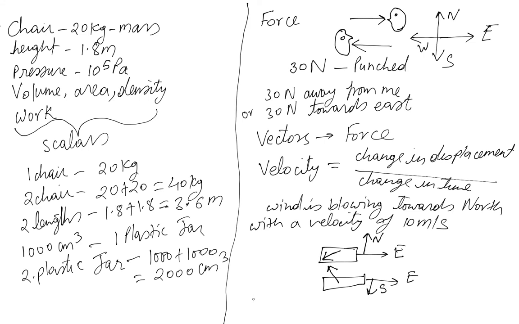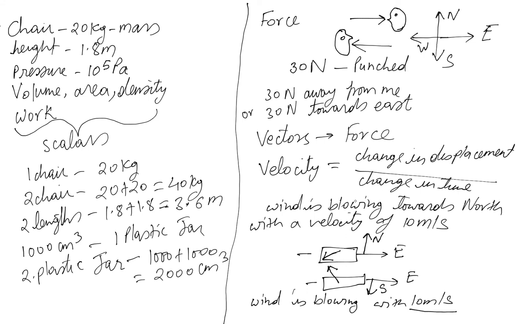If you do not understand, that's alright, but these are two different cases. But if you just say that wind is blowing with 10 meters per second, you really cannot tell whether you're talking about this case or that case. So first of all, you have to specify how fast the wind is blowing, and then you have to tell which direction the wind is flowing. Only then you will be able to tell the direction of fluttering of the flag.